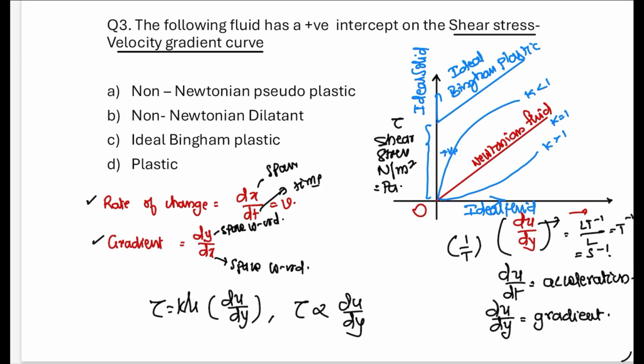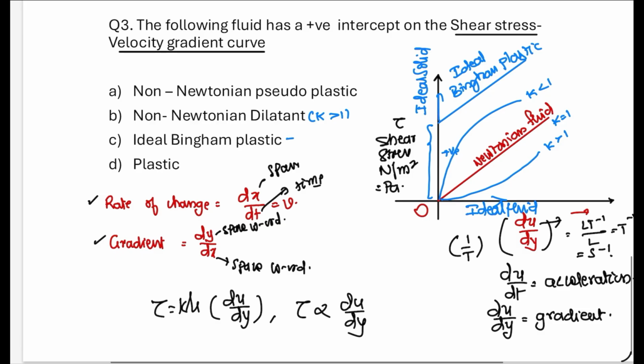K is equal to 1, k greater than 1, k less than 1, and with some intercept. Ideal Bingham plastic means positive intercept with slope. Slope is there for the line.